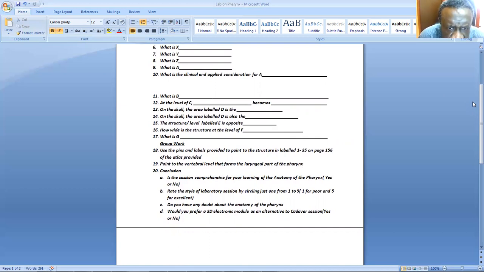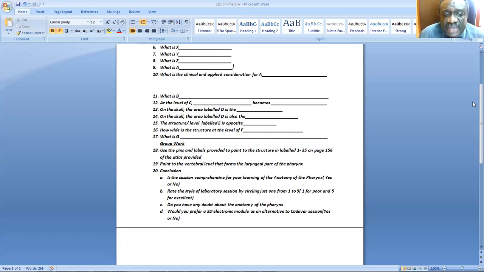Now, there is a group work which is to use the pins and labels provided to point to the structure labeled 1 to 35 on a particular page that I'll be giving you. It is not possible for you to do that because we're teaching you online and we don't have anatomy TV.